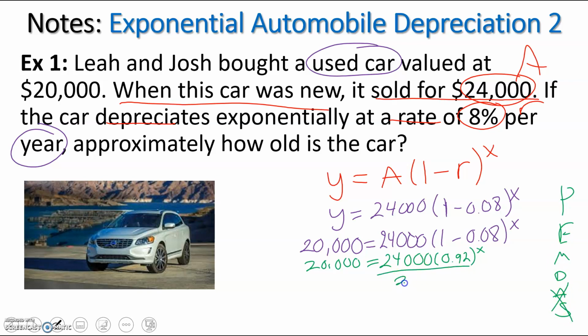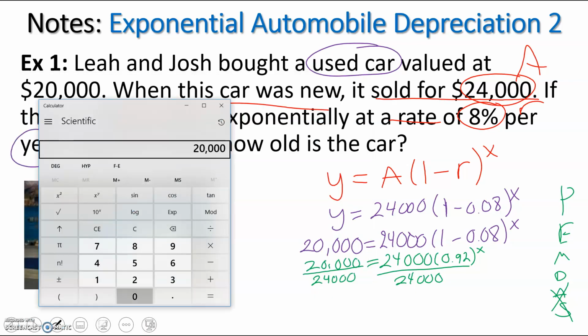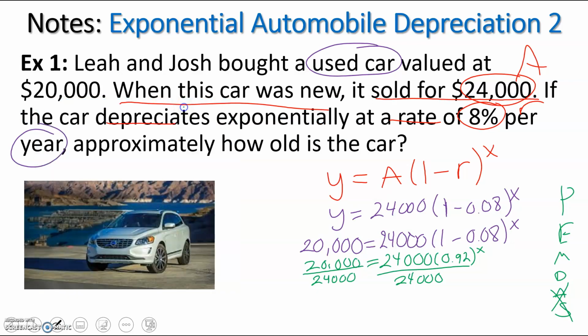Yes. So let's get rid of the times 24,000 by dividing both sides of the equation by 24,000. On the left-hand side, we have 20,000 divided by 24,000, which is 0.83 repeating. 0.83 is equal to our 0.92 to the power of x.